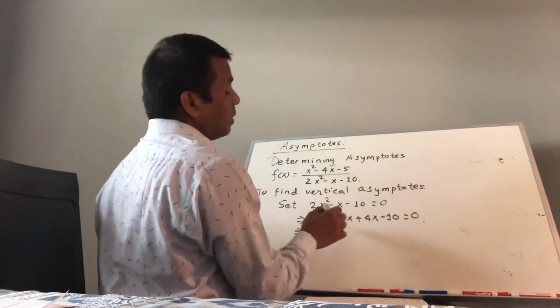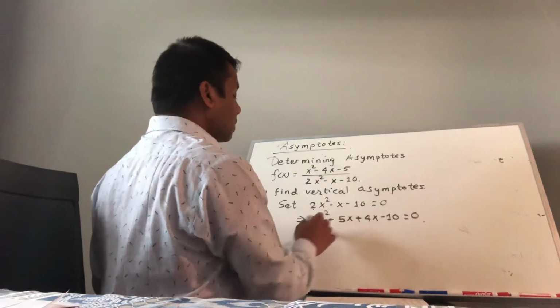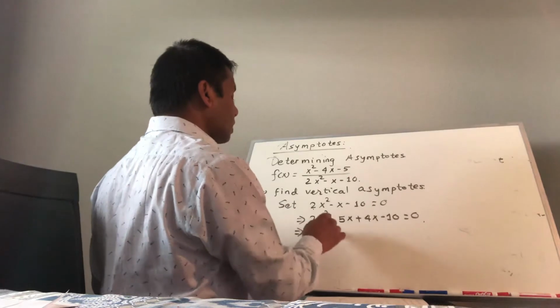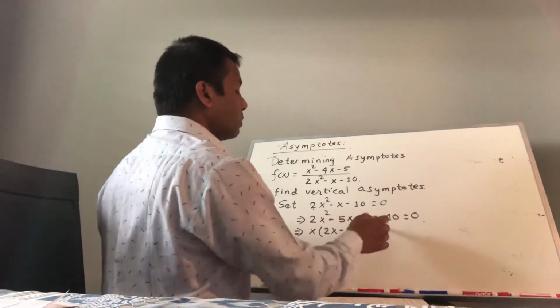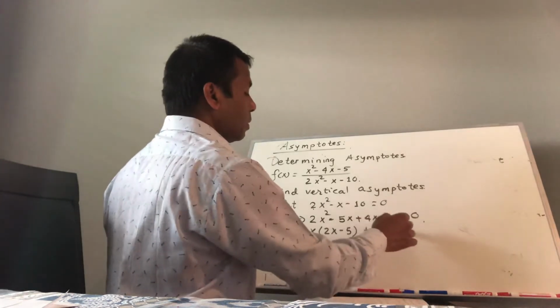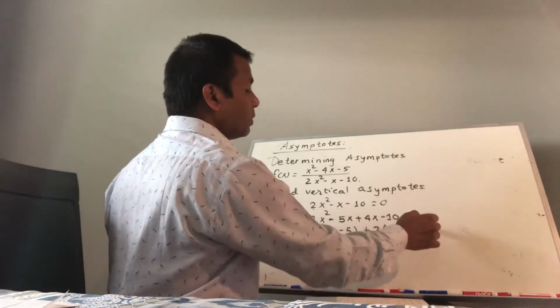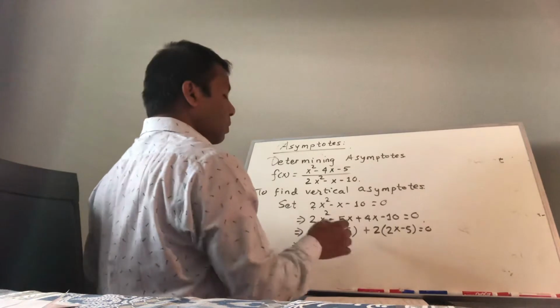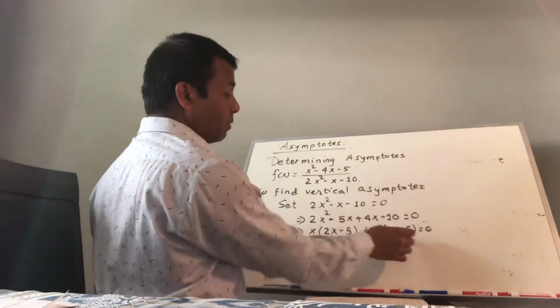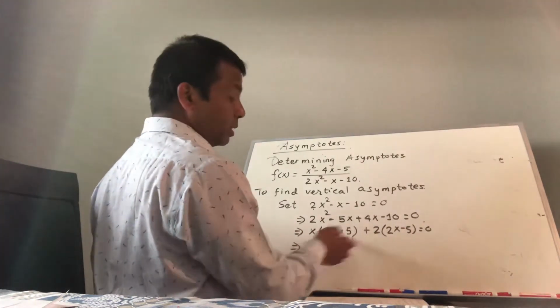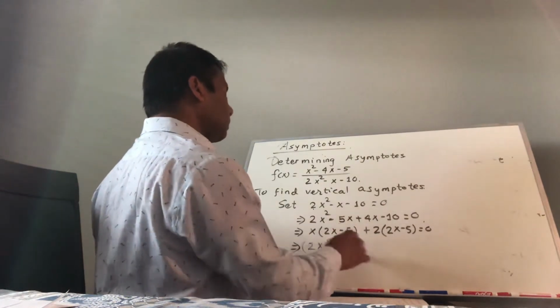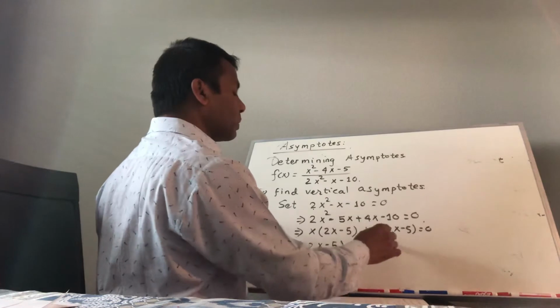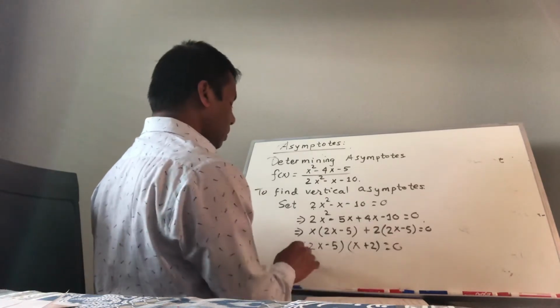Now from the first two terms you can factor out x, so this is x times 2x minus 5, plus from the last two terms you can factor out 2, which is 2 times 2x minus 5, equal to 0. Again you can factor out 2x minus 5 because you see the common factor. So 2x minus 5 times x plus 2 equals 0.